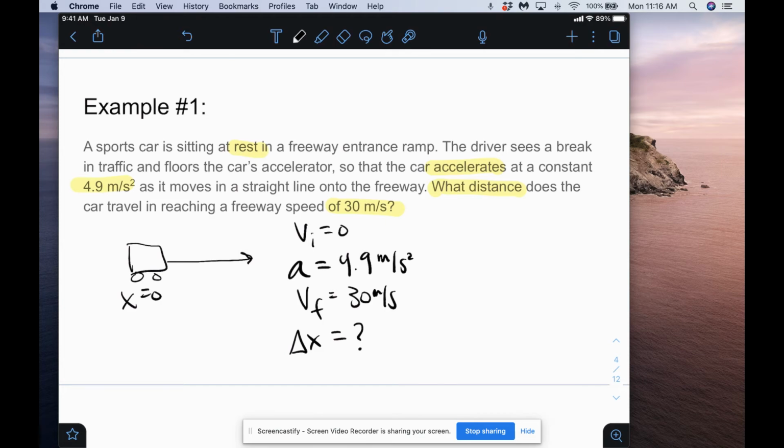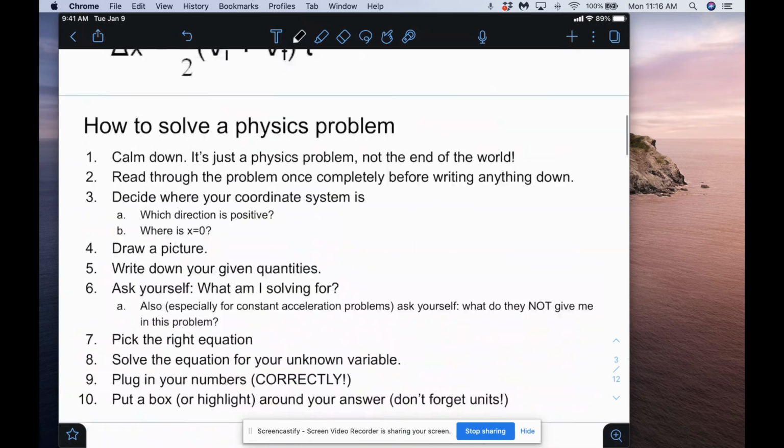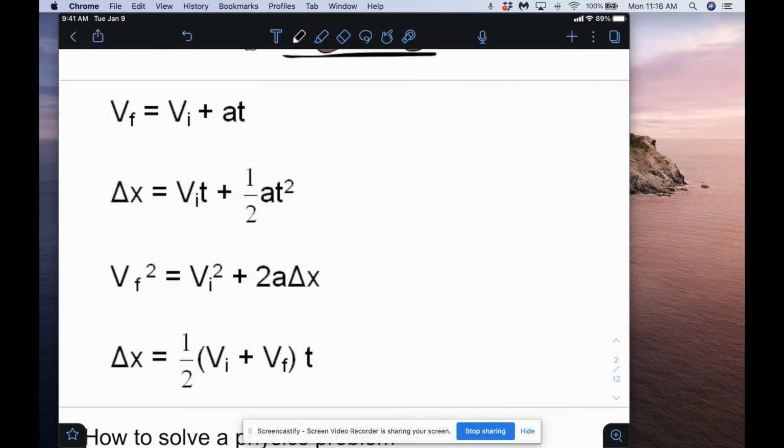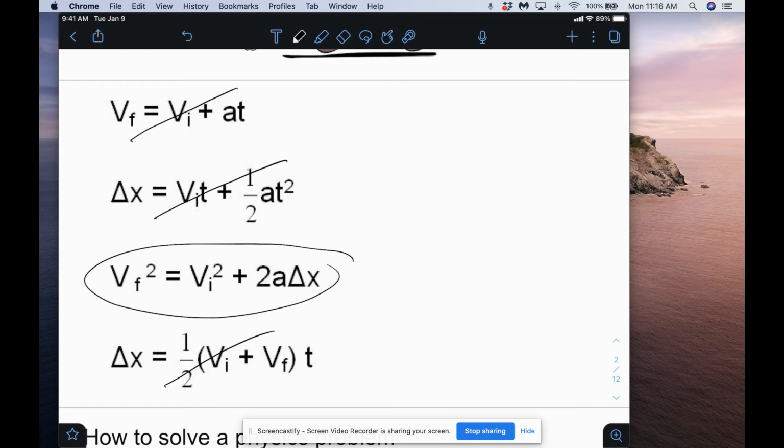So the next thing I want to do is pick the right equation. You should have these written down right here. Here are my 4 equations that we get for our constant acceleration problems. And we can see that right away, I can throw out 3 of these equations because I'm not given time in my problem. So since I'm not given time, I'm throwing out this equation, and this equation. And therefore, that's the only equation that I'm going to be using here.